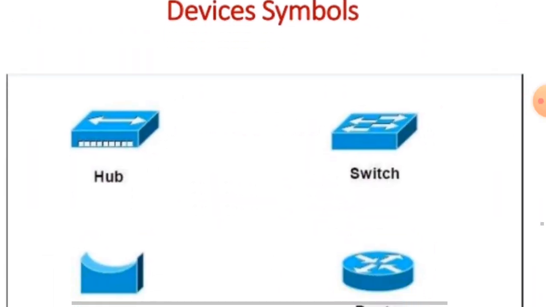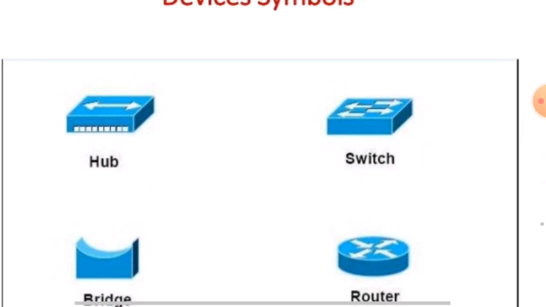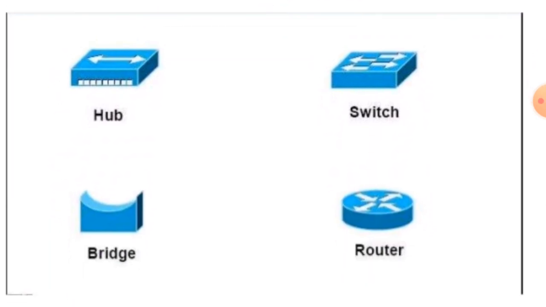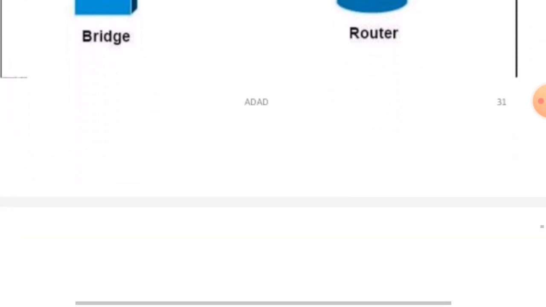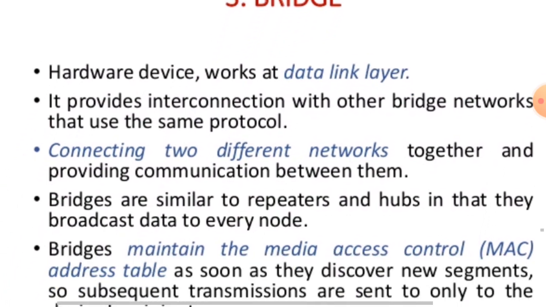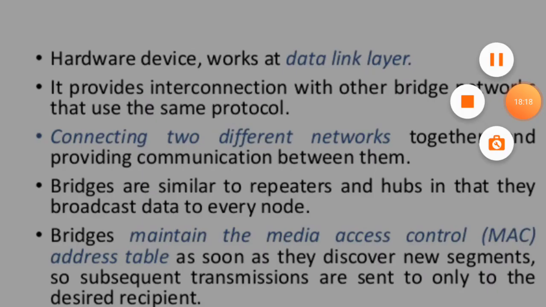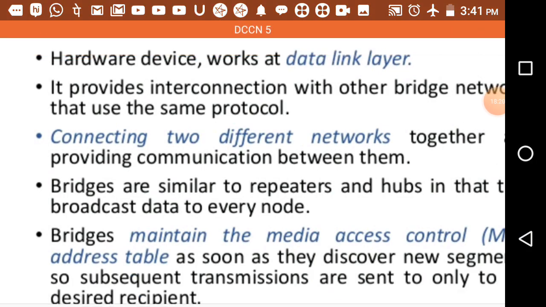So these are the network device symbols, you can say hub, switch, bridge, router. Next network device is bridge, a hardware device that works at the data link layer.